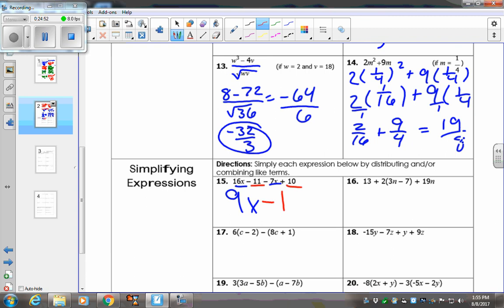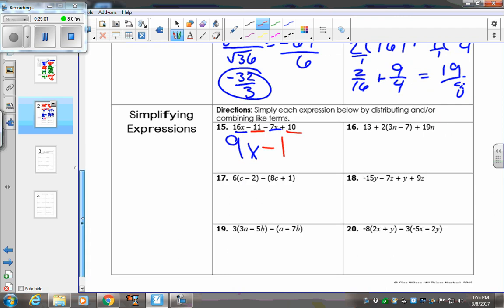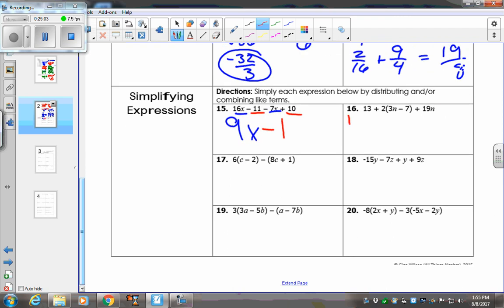All right. I cannot simplify within the parentheses, so I have to do what? Distribute. All right, so I'm going to have 13 plus, what is 2 times 3? 6n plus 19n.